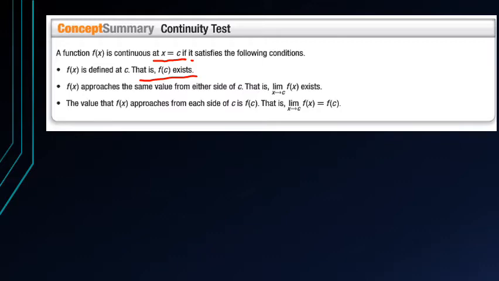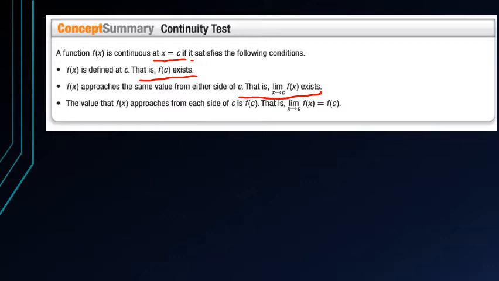Once we determine that f of c exists, then we're going to determine, okay, well, does this limit exist? And what that's really saying is as we get closer and closer to this value of x, as it's given to us, are our y values getting closer and closer to the same value of y, or f of x, that we get at that point of c?